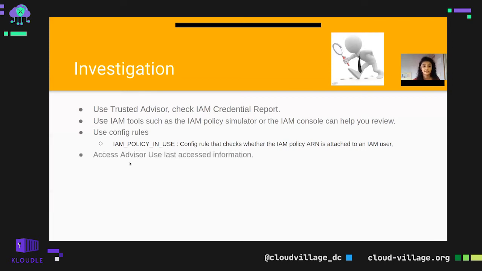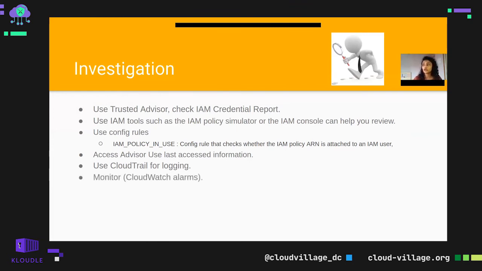Then you can use Access Advisor to get information about last access information, right? And what kind of access happened. Use CloudTrail for logging, like API requests that were made, right? Then at what time, from which IP it was requested, right? So you will have the logging information to investigate, analyze and take further steps.